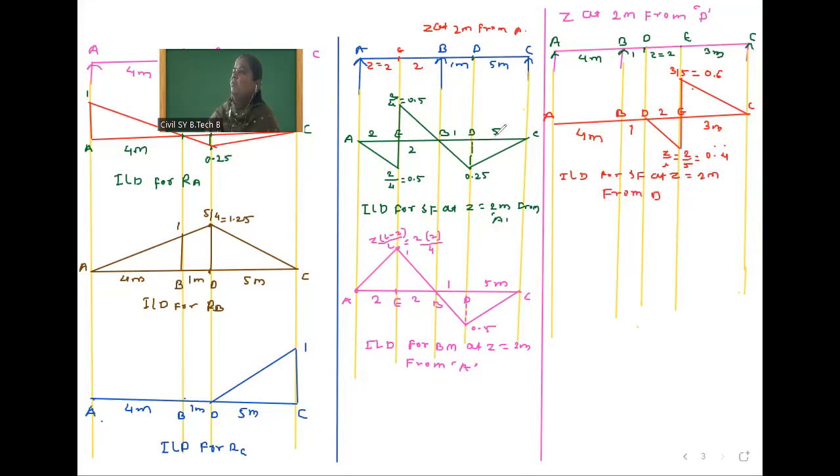Then last diagram we have to draw here, ILD for bending moment. So same way, first you have to draw ILD for which portion? D to C portion. Okay, so first we will mark points here. So this is A point, this is B point, C, this is E point, and last that is C point.